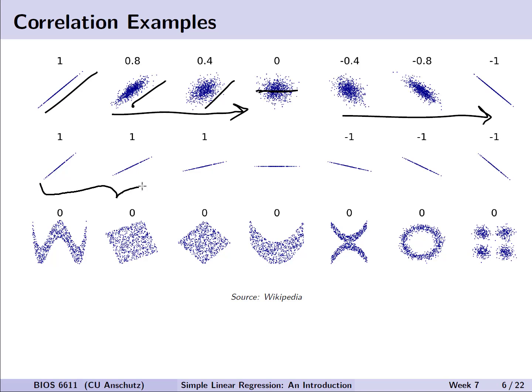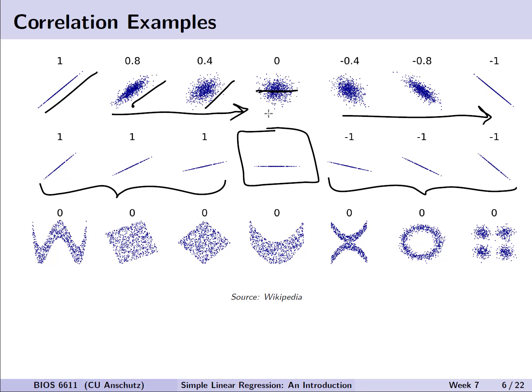So each of these first three in the second row have a correlation of 1, because even though the magnitude of the increase is getting less steep for that slope, there is still that perfect linear relationship. Likewise, at the right-hand side, those three all have a perfect negative linear correlation. We can note as well there is this middle point, which is a perfectly horizontal line, which is an undefined measure of the correlation in that case.